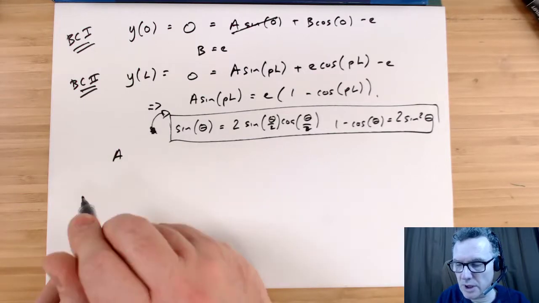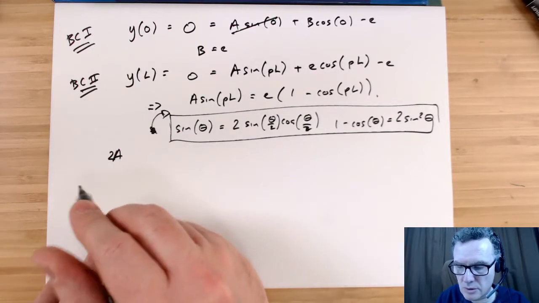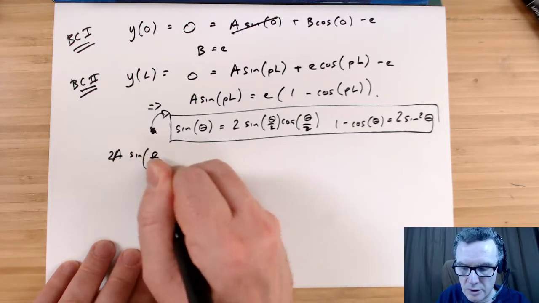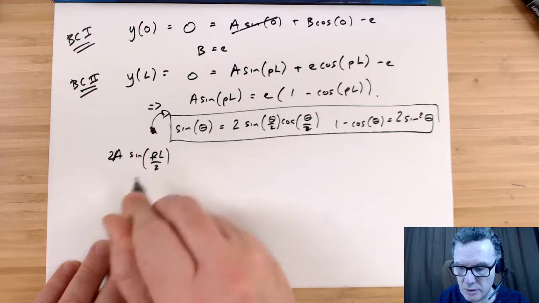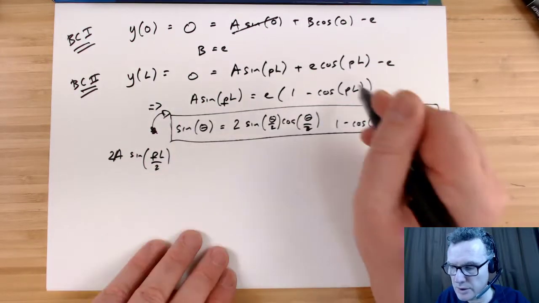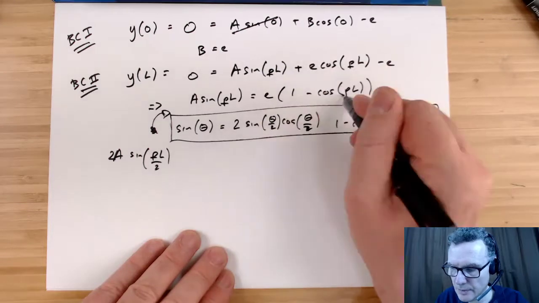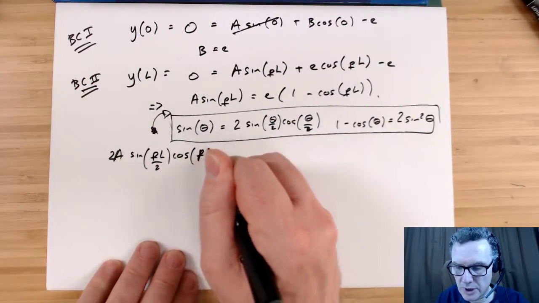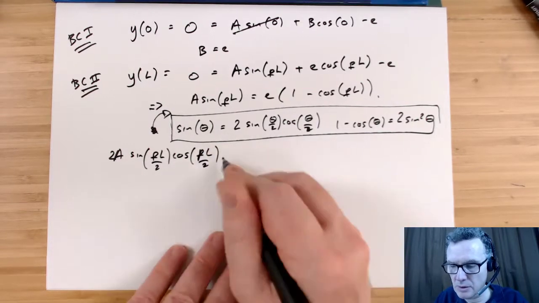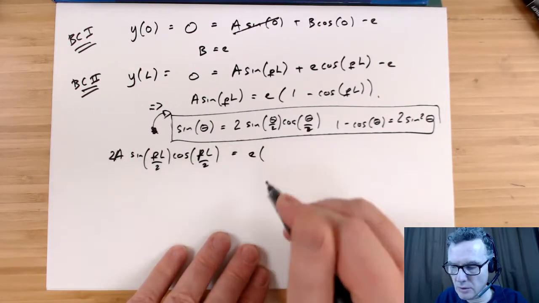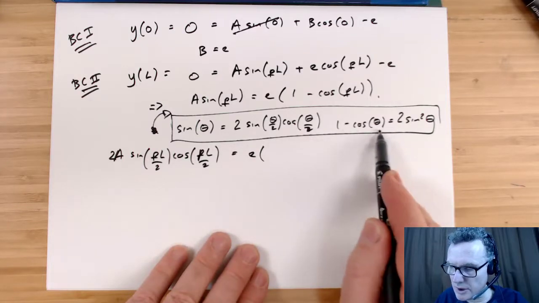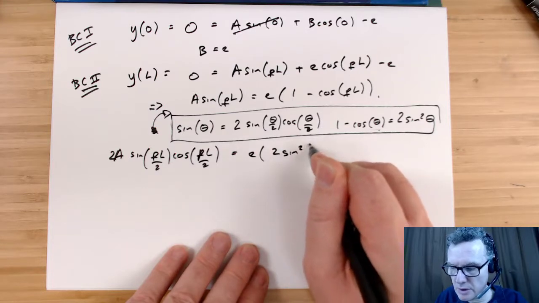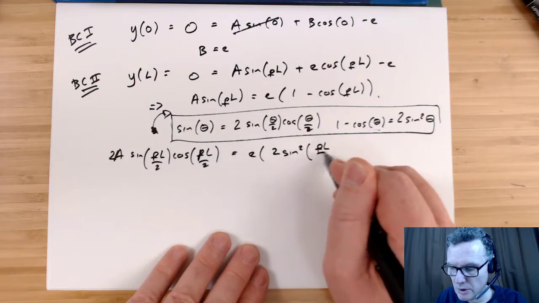So that gives me A 2 sine little p L over 2, should be little p's, cos little p L over 2 equals E. Right, so replace that with 2 sine squared little p L over 2.